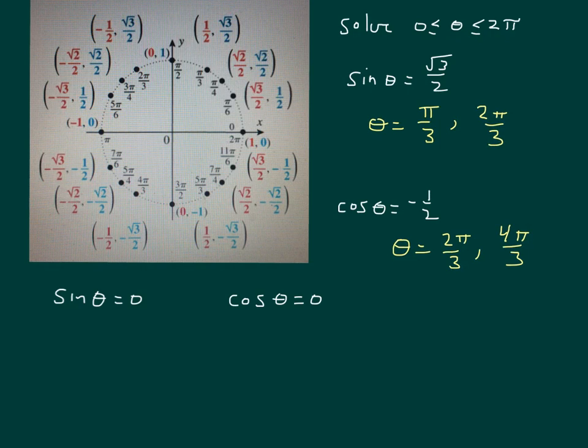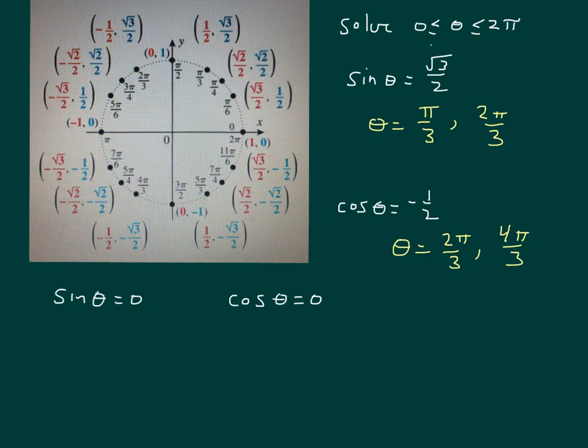Now, because of how we have this written out, for the sine of theta equal to 0, it's about the only time that you're going to see three solutions, because the way this is set up, we're finding all the values from 0 less than or equal to theta less than or equal to 2 pi.